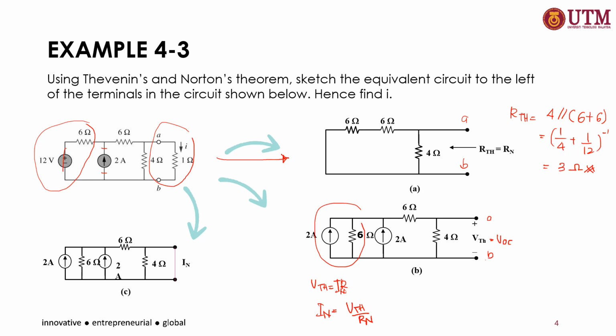Okay, so here we want to find the V open circuit, and for figure C we want to find the I Norton, where at this load A and B, we just make it a short circuit in order to find the IN.